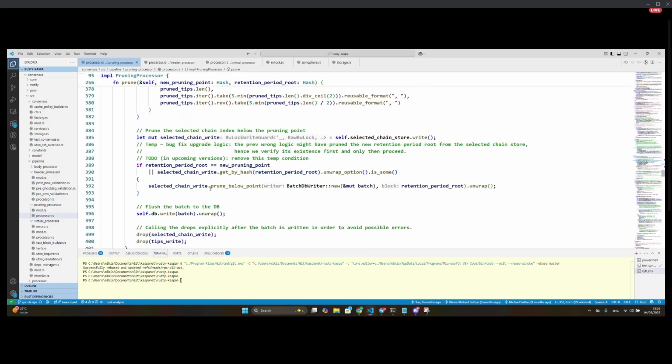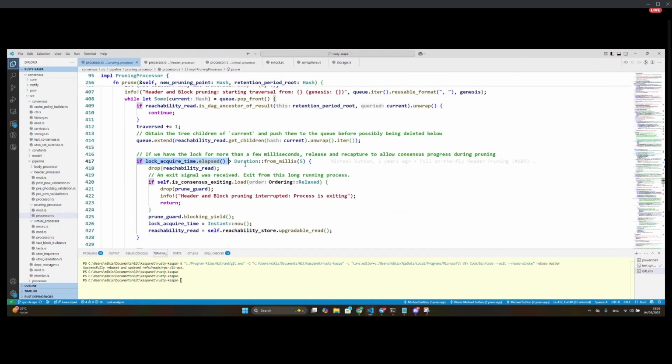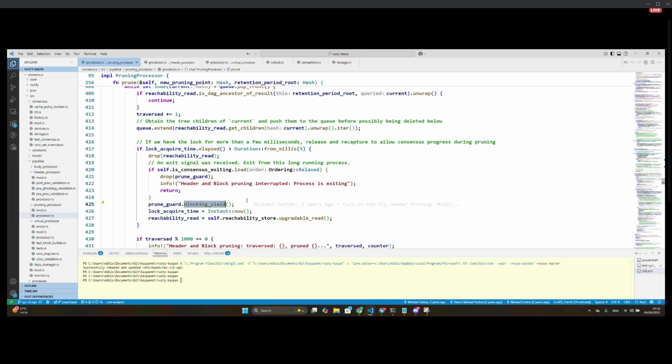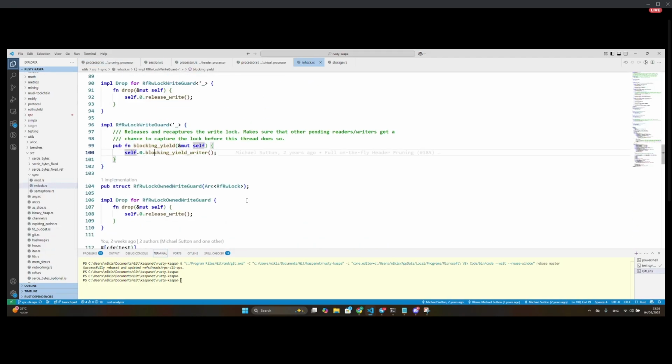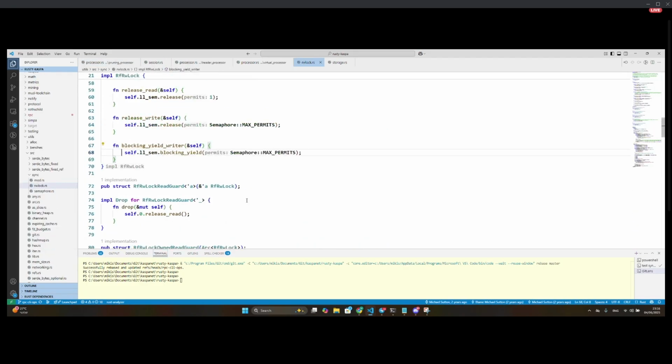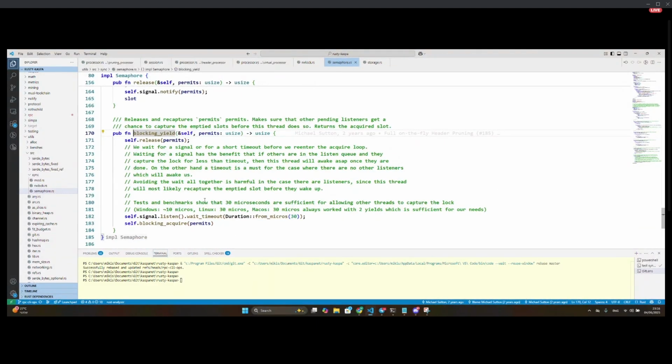And then we do this: if lock acquire time is more than 5 milli, we do a yield. Okay. Yeah, which you would see goes directly to this semaphore. It does, yeah.